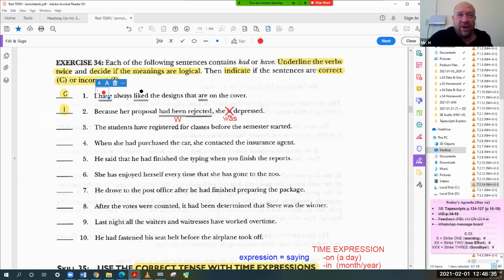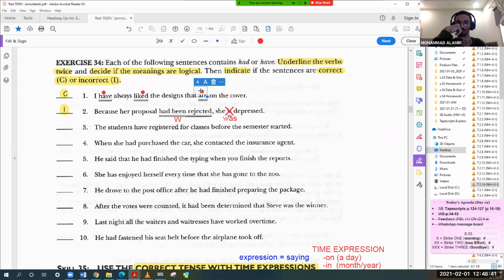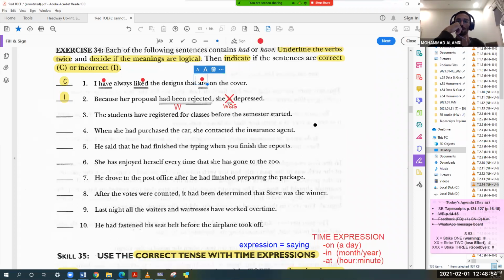Have liked from the past until now, right? Yeah. What do we have here? X. And X is now, present, right? So have liked from the past to now. Is this correct? Yes. If it were past tense, it would be wrong. Exactly. All right, gentlemen, let's try this exercise now.